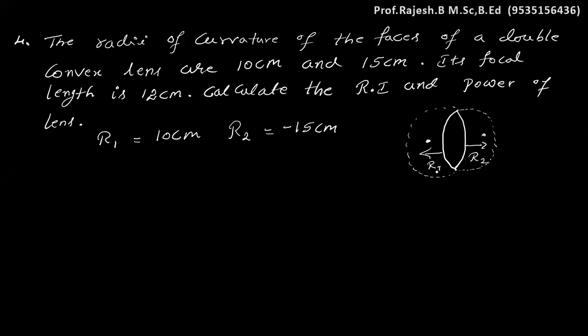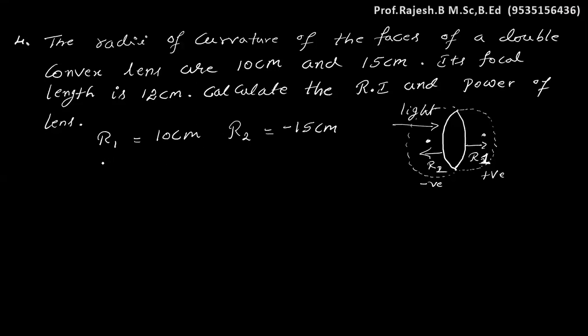Yeah, let's make this one R2 and this is R1. Since according to sign convention towards the left this will be negative and this side will be positive, when the light is incident in this direction. Opposite to the light, it should be negative.